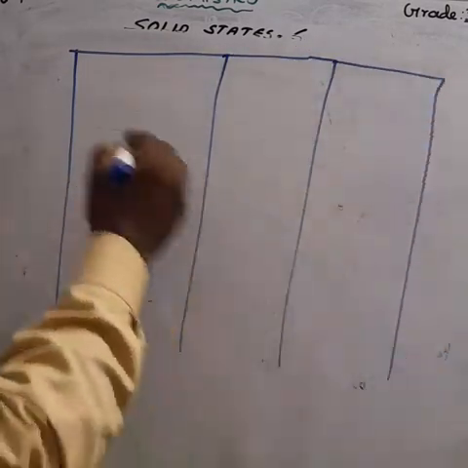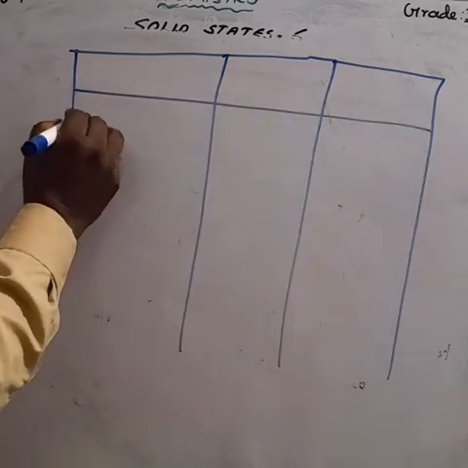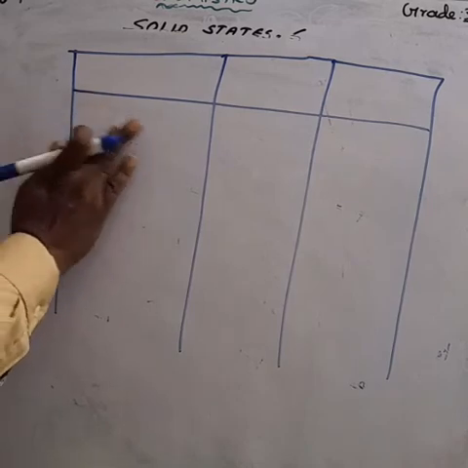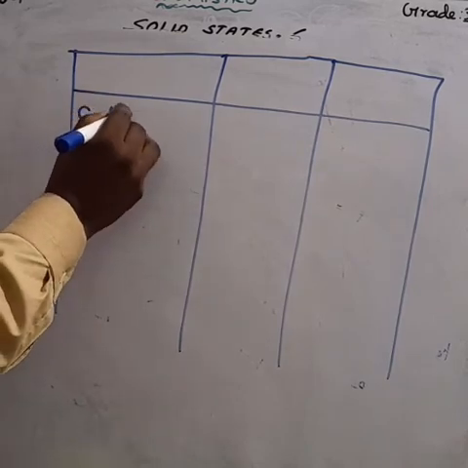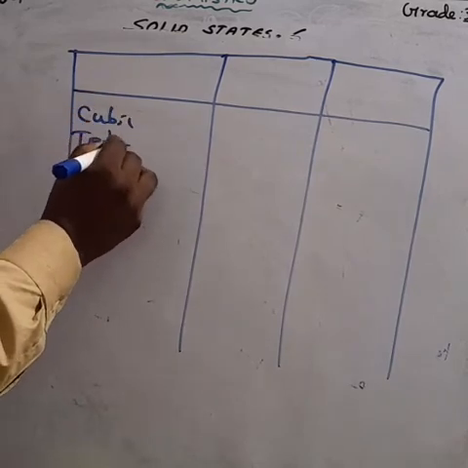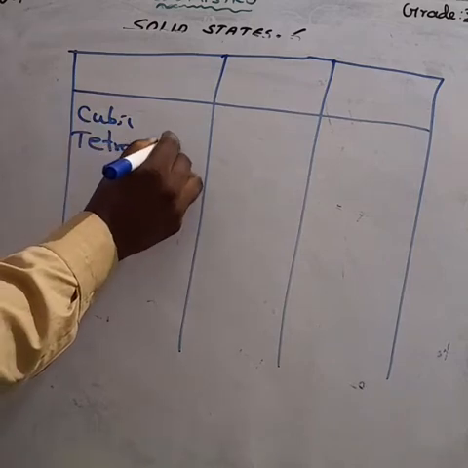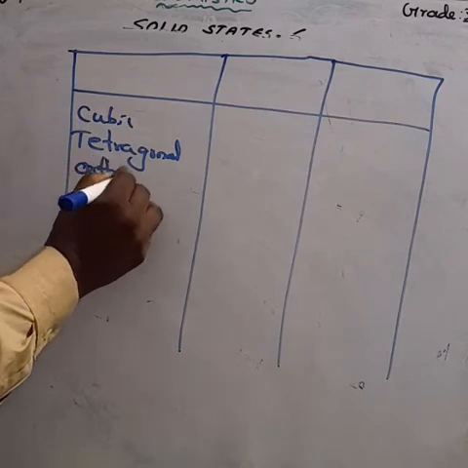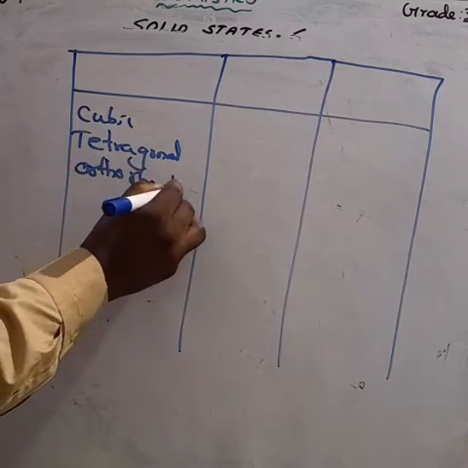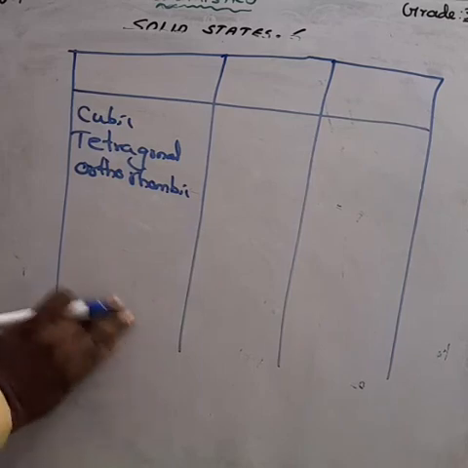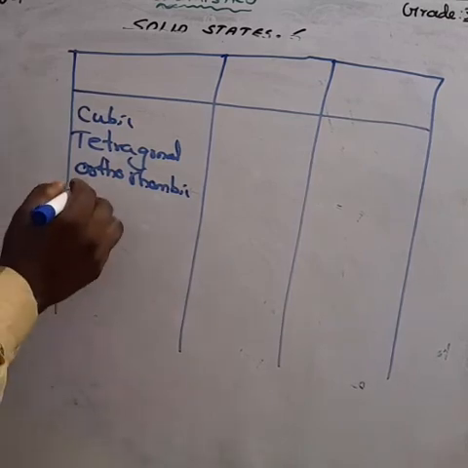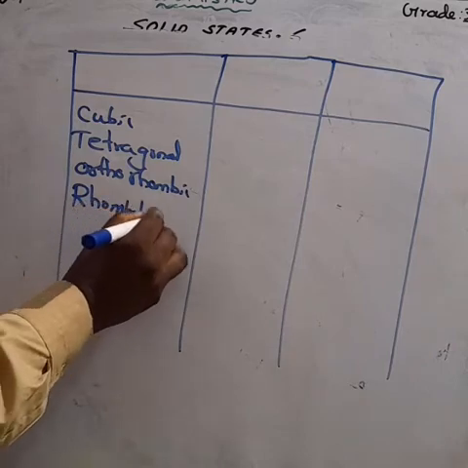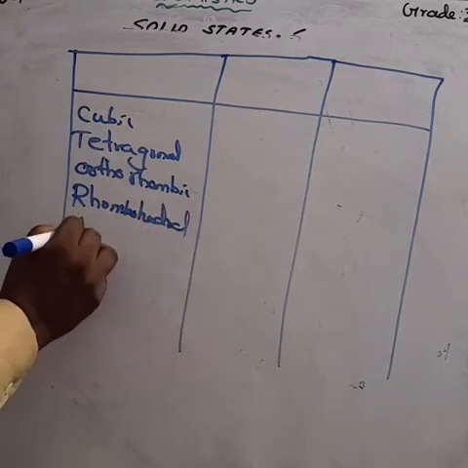First is the cubic. Second, tetragonal. Third, orthorhombic. Fourth, rhombohedral. Fifth, hexagonal.